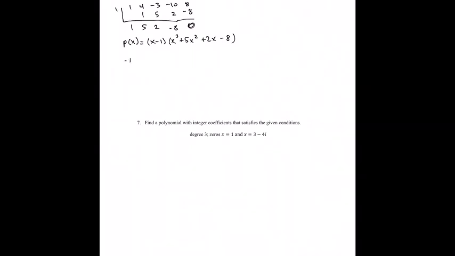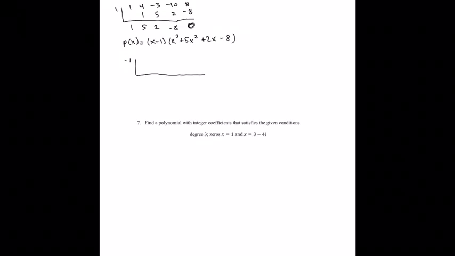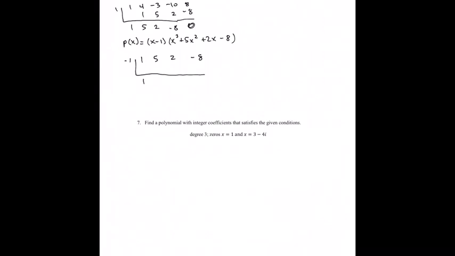So I'm going to do -1, but synthetic division on the reduced polynomial now. Okay, it doesn't look like it's -1. Try 2. Okay, it's not 2.